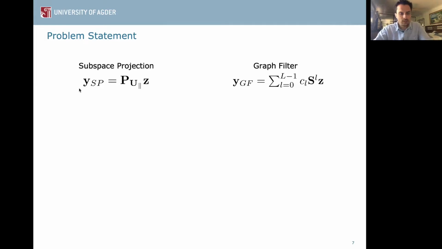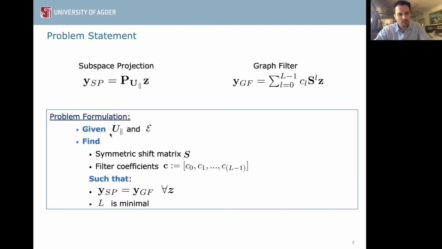So if this is the desired subspace projection, and this is what we can implement using a graph filter, the problem is, given the subspace and the topology of the graph, to find a symmetric shift matrix S, right?